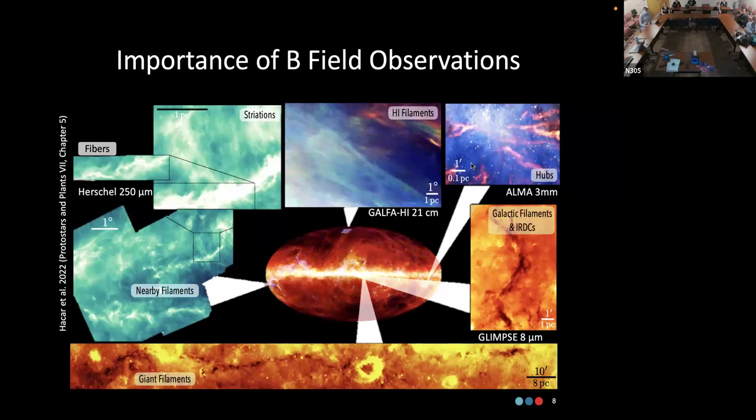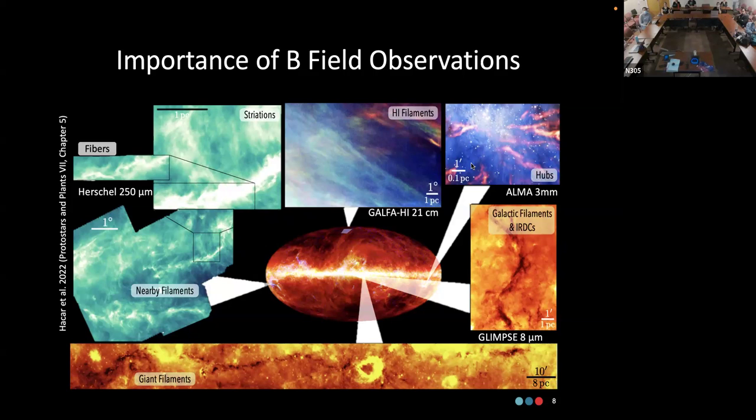To understand the roles that magnetic fields play in the evolution of the galaxy and the formation of interstellar filaments, molecular clouds, and stars, we need to observe them. Specifically, we need to observe their orientation with respect to these density structures. I specifically mentioned filaments within molecular clouds, but they are ubiquitous in the interstellar medium.